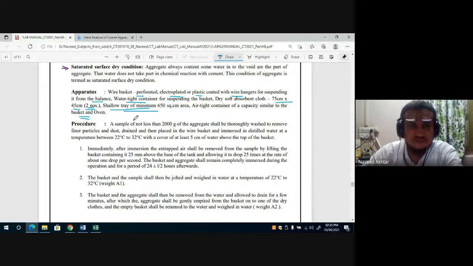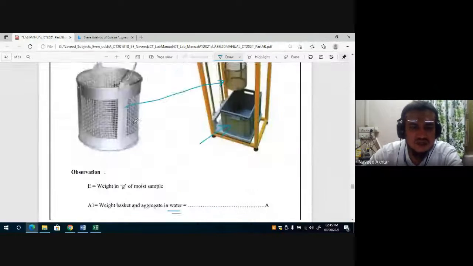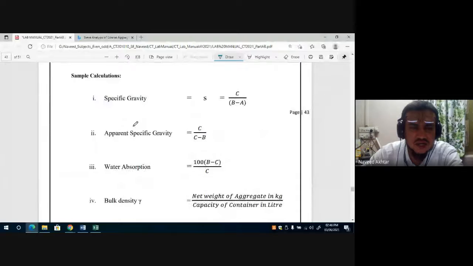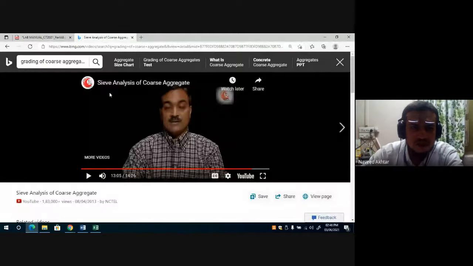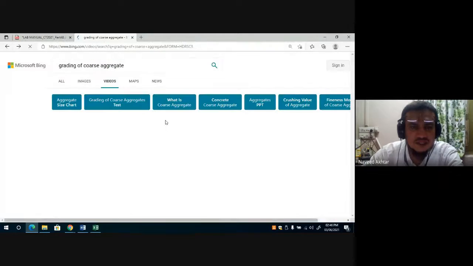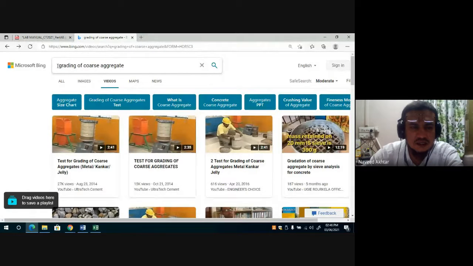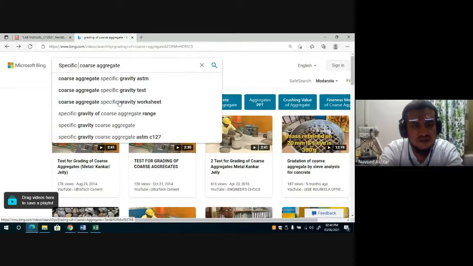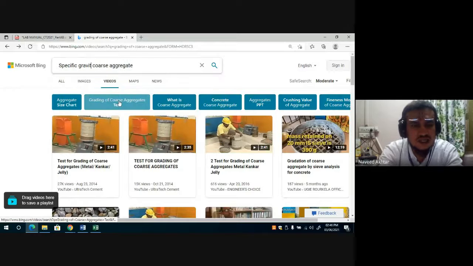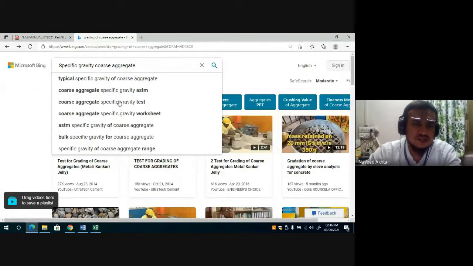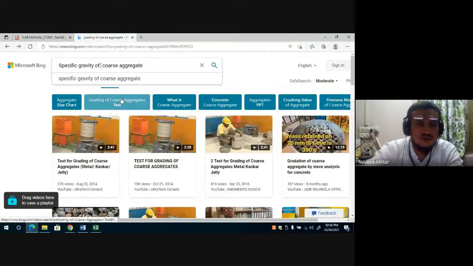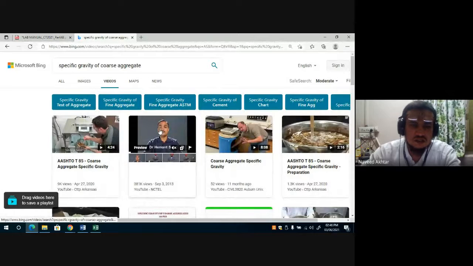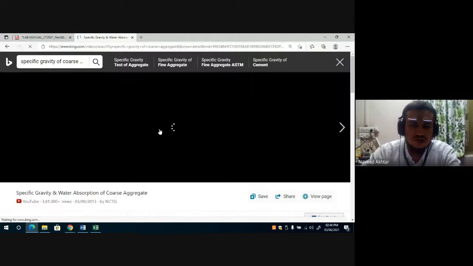Now we will see the procedure, how you have to perform this, and later you can do the calculation. Here is how to find out the specific gravity of coarse aggregate.